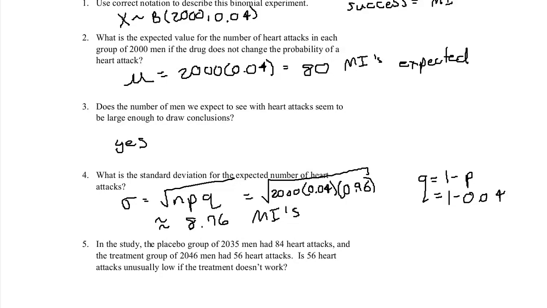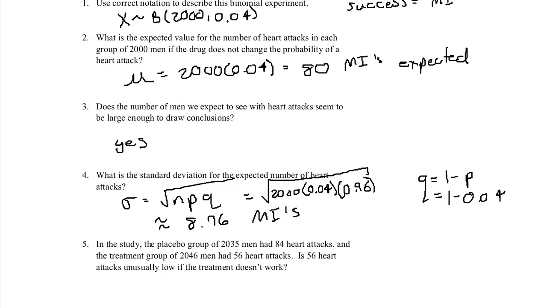Plus, with the standard deviation we see of 8.76 heart attacks, this is less than one standard deviation away from how many we expect. That's not a big deal. In the treatment group, we've got 2,046 men, and 56 had heart attacks. This seems kind of low. Let's see if it's unusually low.